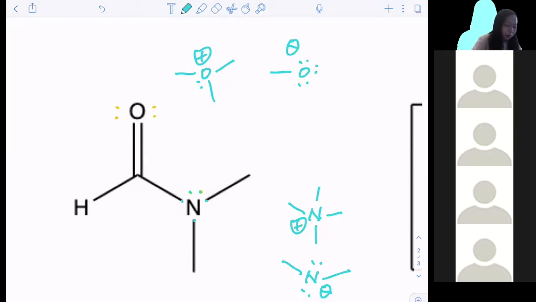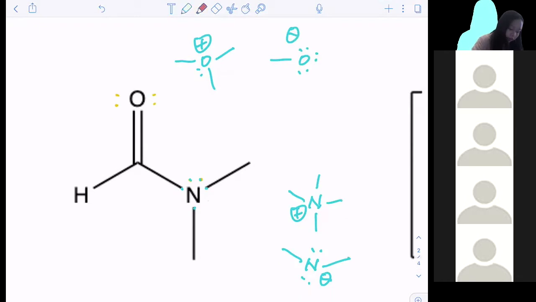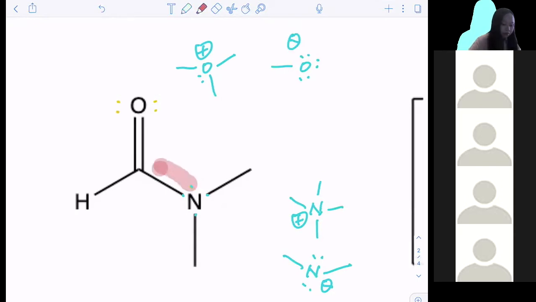So what are the things that we can do here? The electron, the red electron that I'm highlighting here, is going to move to here and form a double bond between the carbon and the nitrogen, right? And then this carbon is not going to be happy because it is going to have 1, 2, 3, 4, 5 bonds.